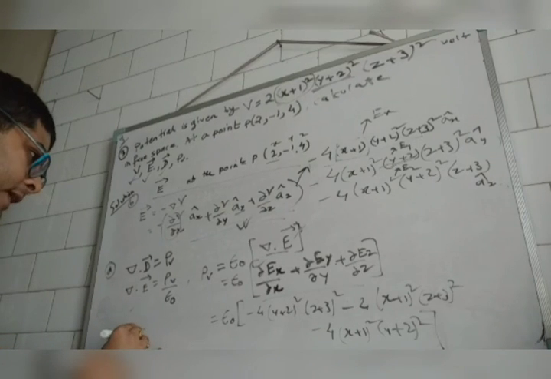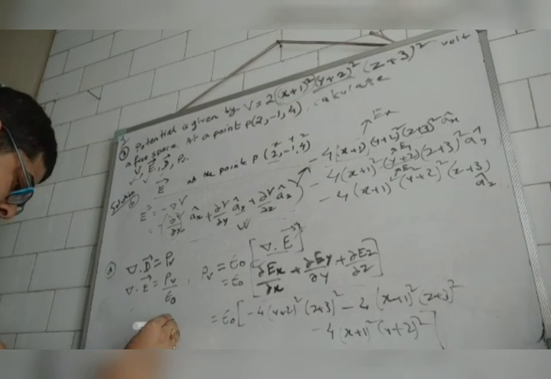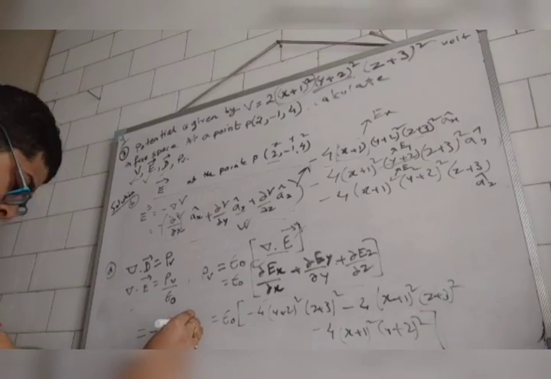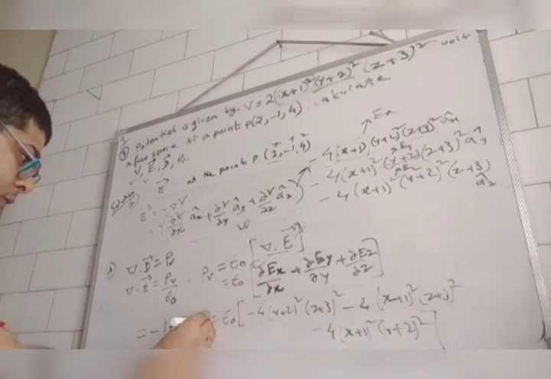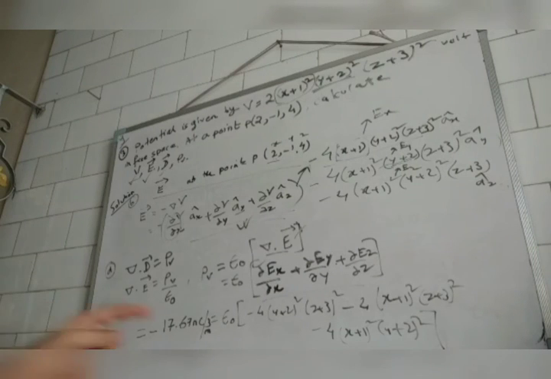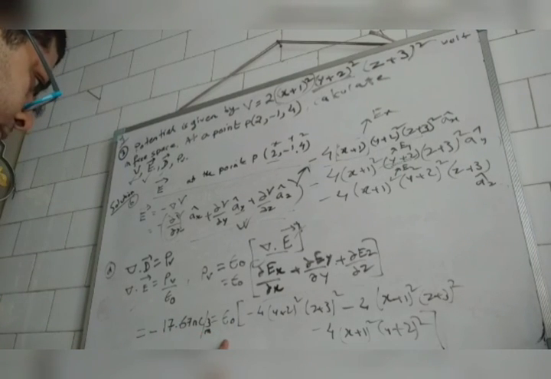Ultimately you will get minus 17.67 nanocoulomb per meter cubed. Remember the permittivity value is 8.854 times 10 to the minus 12, and this will automatically change. So this is our problem.